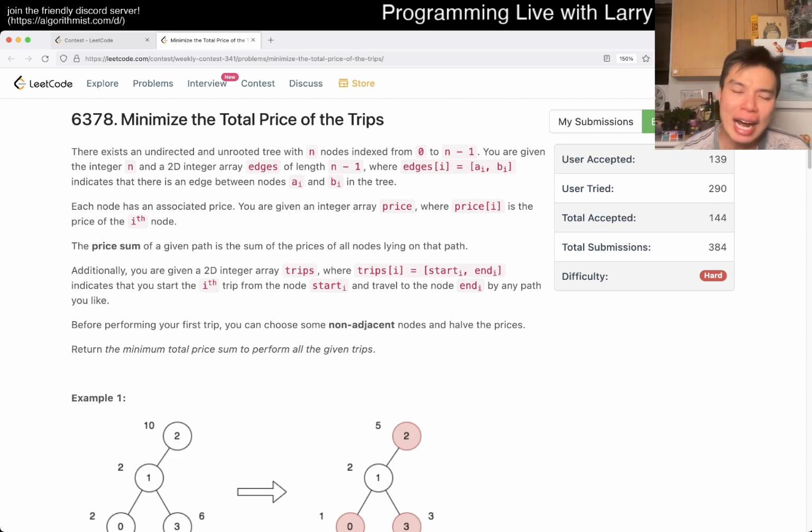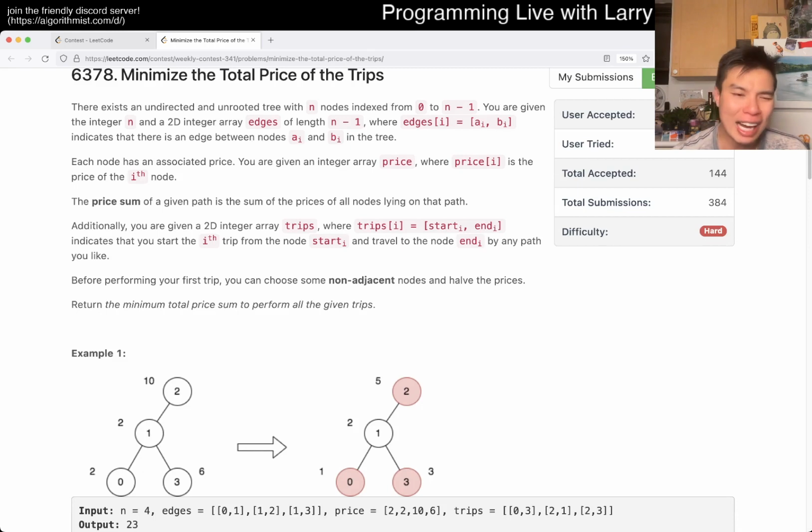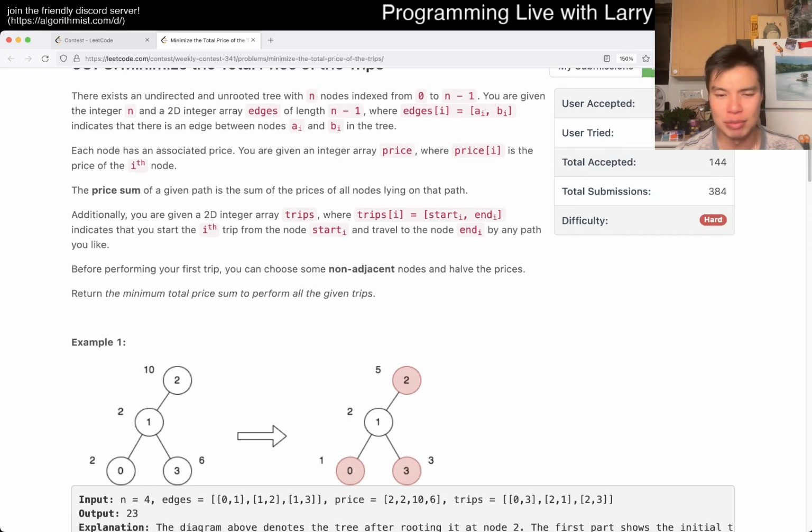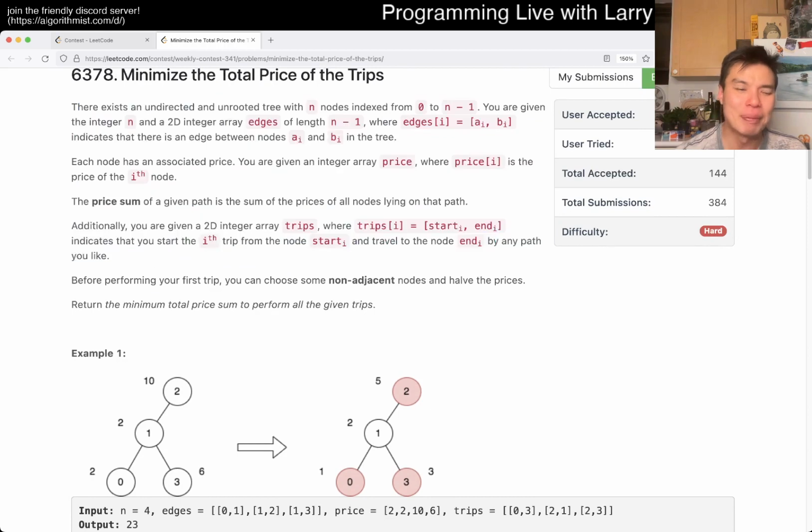And I think what made it hard is that the initial reading was that I thought there'd be a weight on the edge and it's just shortest path with nodes or something. But then I realized, this is also way long, by the way, that before your first trip, you could choose some non-adjacent nodes and halve their prices.